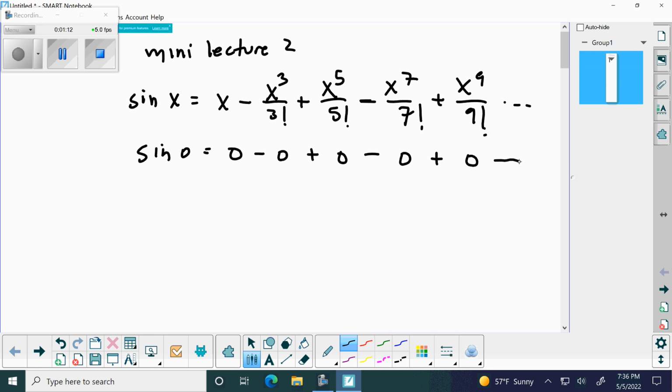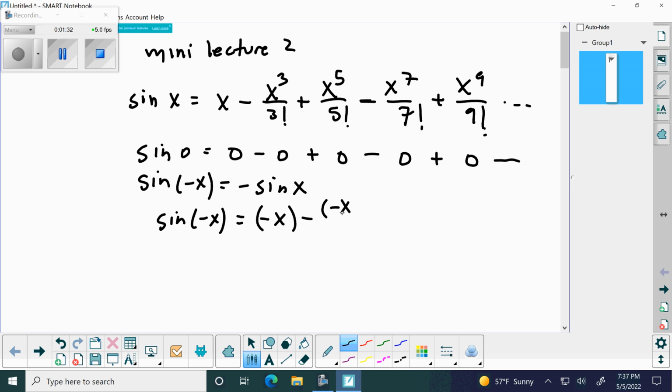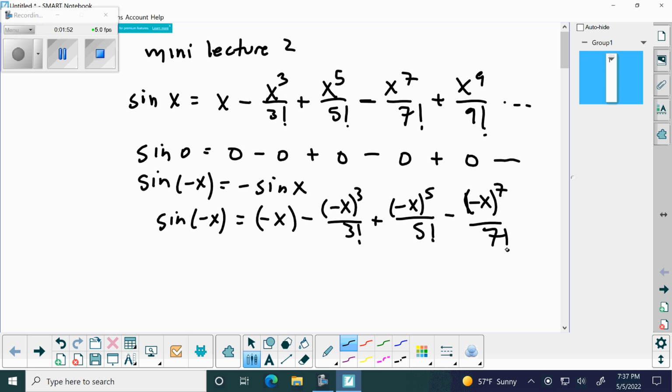And it is an odd function. So remember that sine of negative x is equal to negative sine x. So if you plug in negative x here, if I do sine of negative x, I get negative x minus negative x cubed over 3 factorial plus negative x to the 5th over 5 factorial minus negative x to the 7th over 7 factorial, and so forth.